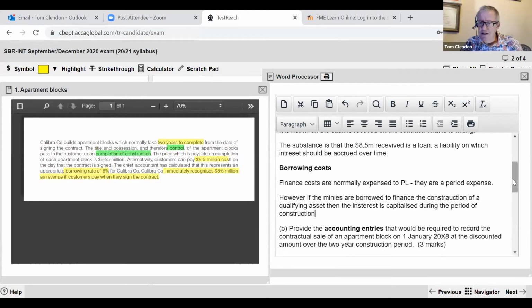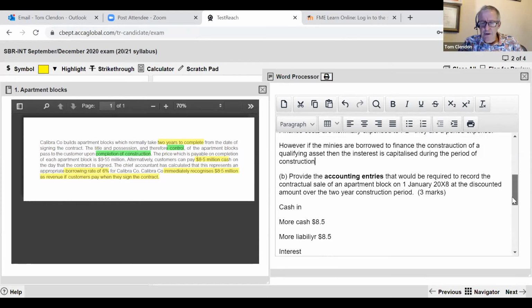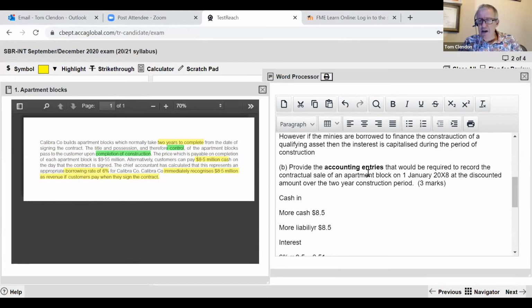Now, this is 3 marks for the entries. Now, some of you may be upset by what I've done here, but I want to tell you that the requirement of the question was to provide the accounting. It wasn't the journals. Now, in the examiner's answer, there are journals.